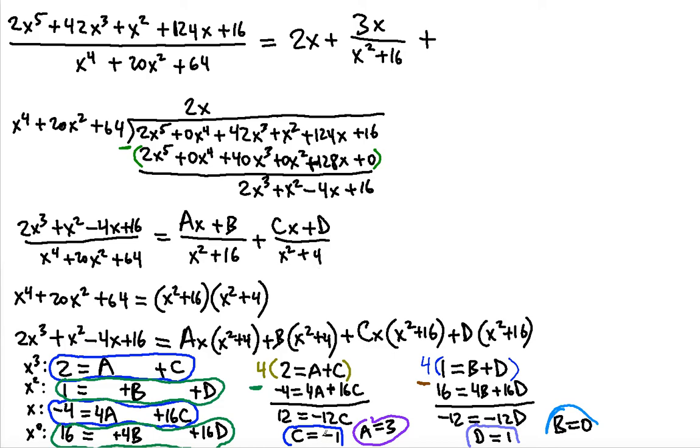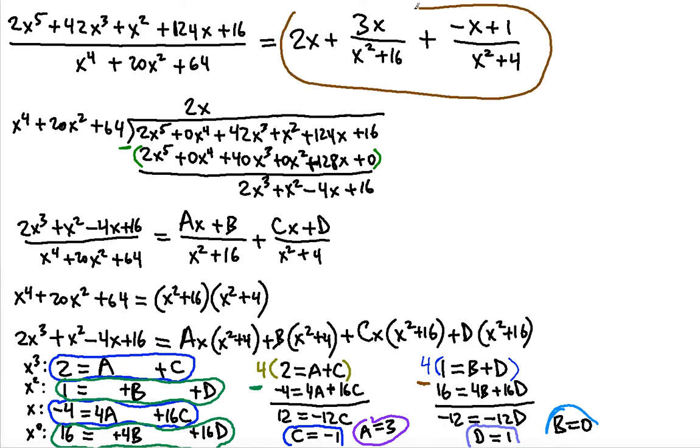C was negative 1, so minus x, right? Plus d. Now the d value is 1, right? So plus 1 over x squared plus 4. Okay, so you have successfully found the partial fraction decomposition representation of the given intricate fraction in the beginning.